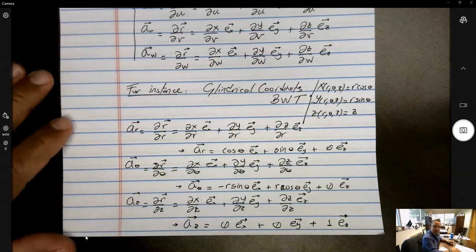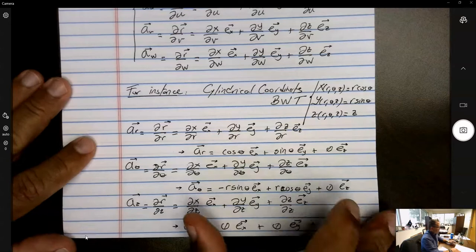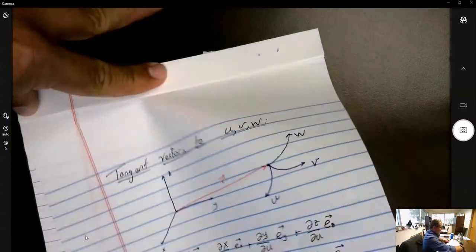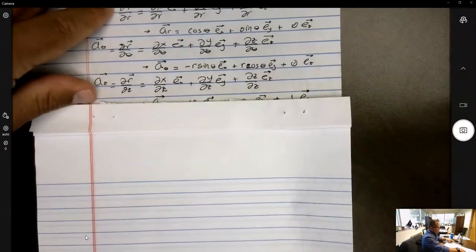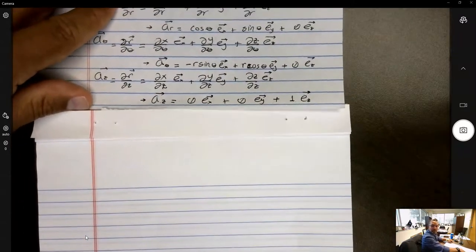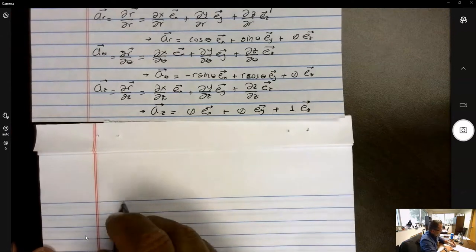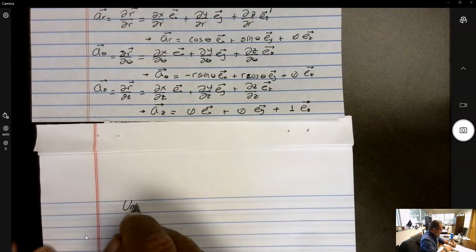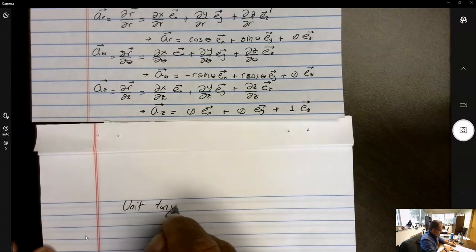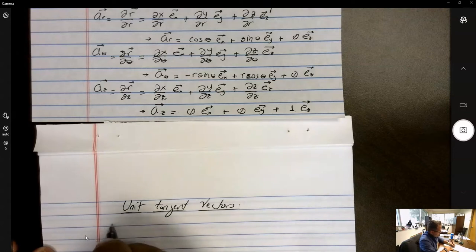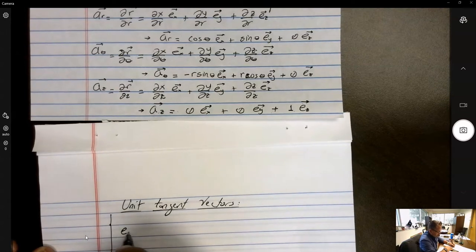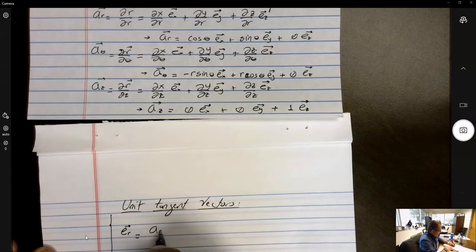and that's very simple. To take any vector, any direction, and express it in terms of unit magnitude, all we have to do is divide by its own length, its own magnitude. So we can get unit tangent vectors. So we can say ER is equal to AR over the magnitude of AR.